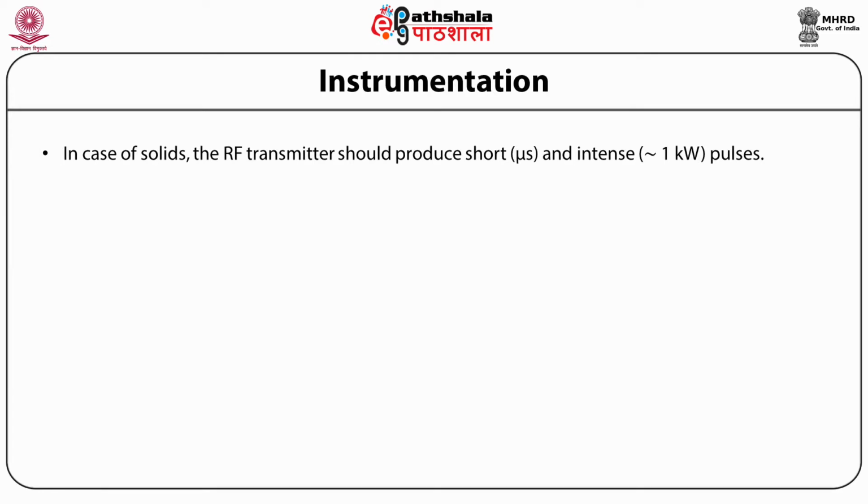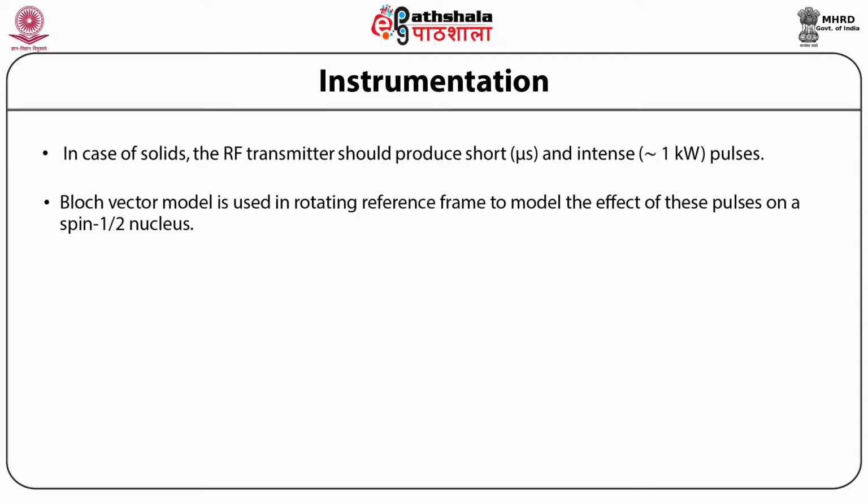In the case of solids, the RF transmitter should produce short, in microseconds, and intense, that is, kilowatt pulses. The Bloch vector model is used in the rotating reference frame to model the effect of these pulses on a spin 1 by 2 nucleus.